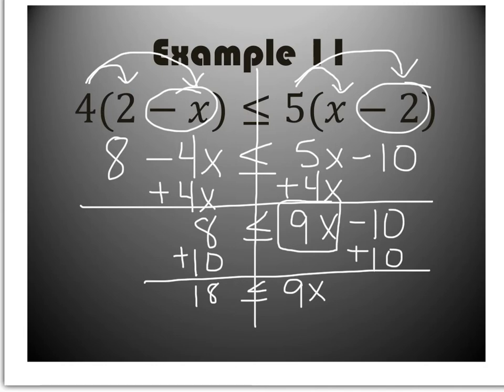Now, in order to get x by itself, we must divide by 9 on both sides. When we divide by 9 on both sides, we get 2 is less than or equal to x. Or another way to read it is x is greater than or equal to 2.